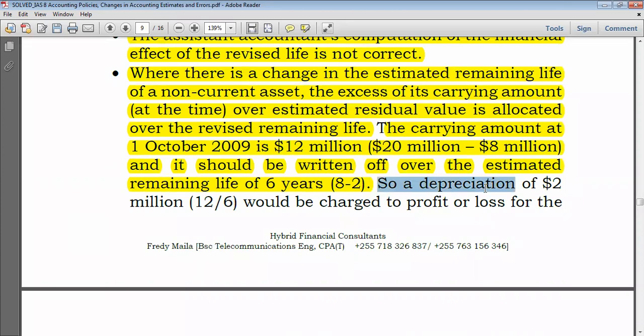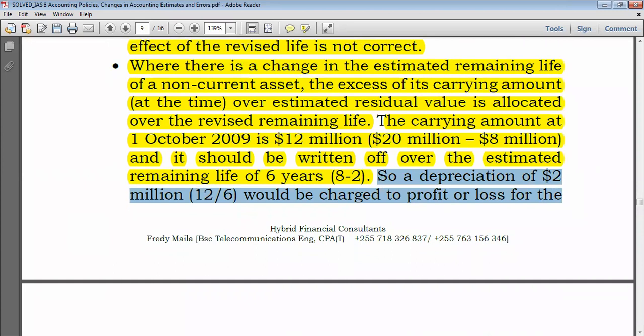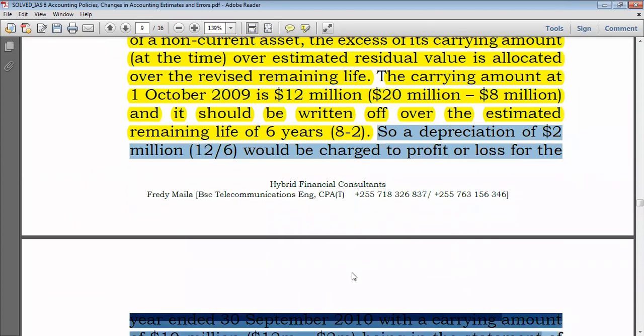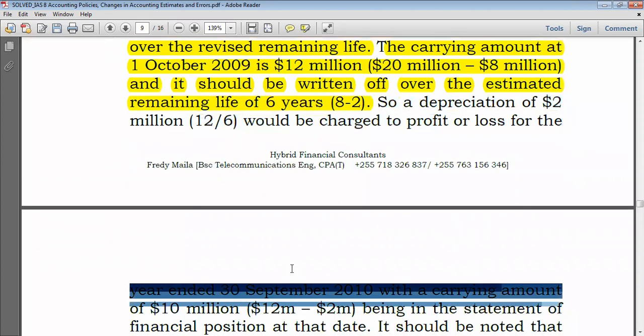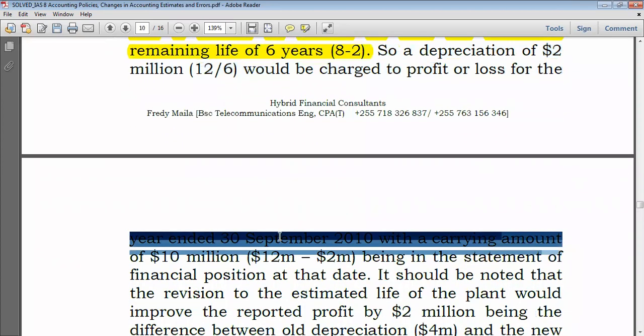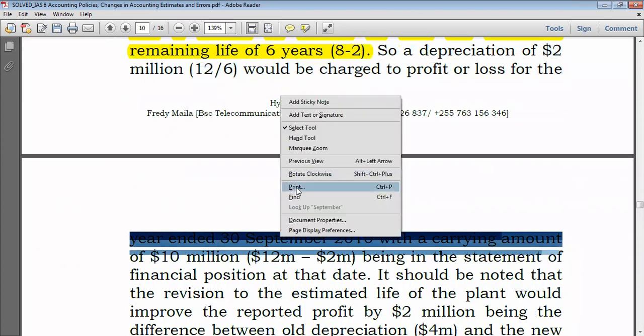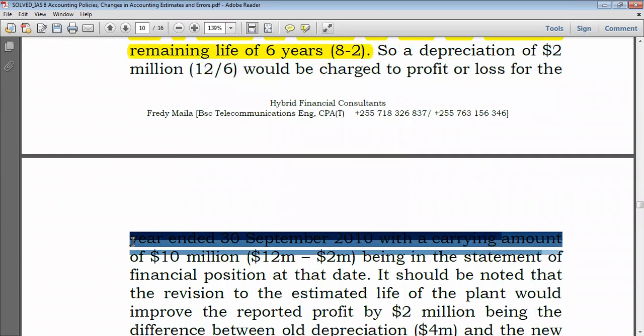So as I showed you, a depreciation of 2 million, that is 12/6, would be charged to profit or loss. This is depreciation, right? And if you have the depreciation, actually charge it to the statement of profit or loss, just as usual. So this is what should have happened. This would have been charged to the statement of profit or loss, with a carrying amount of 10 million being in the statement of financial position.